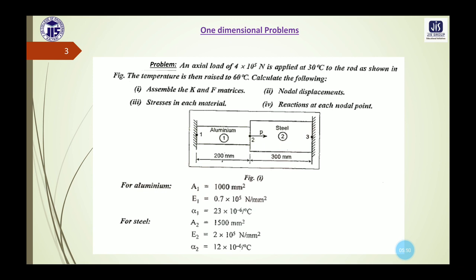Now for the aluminum element the area is given 1000 millimeter square. Young's modulus is also given 0.7 into 10 to the power 5 Newton per millimeter square. In alpha 1, the thermal expansion part, it is 23 into 10 to the power minus 6 per degree centigrade. And for the steel the area is given 1500 millimeter square. Then the Young's modulus is 2 into 10 to the power 5 Newton per millimeter square, and alpha 2 is 12 into 10 to the power minus 6 per degree centigrade.